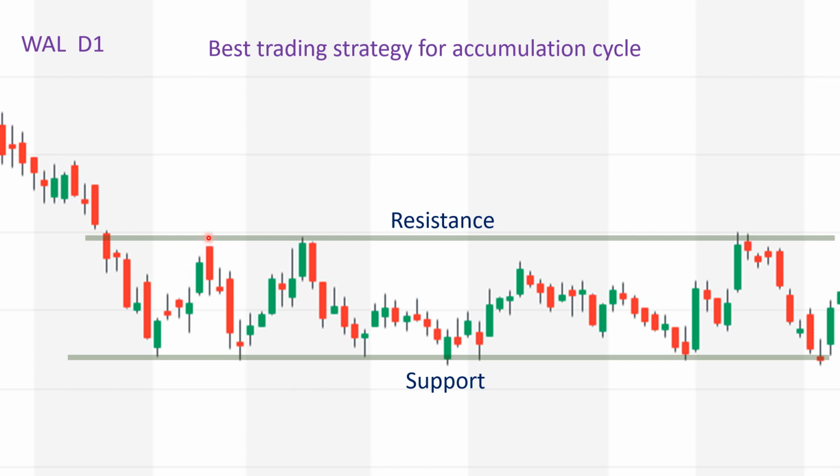Or you look for price rejection near the resistance area, and you can go short and put your stop loss 1 or 2 ATR above the resistance. This is how I would do it.